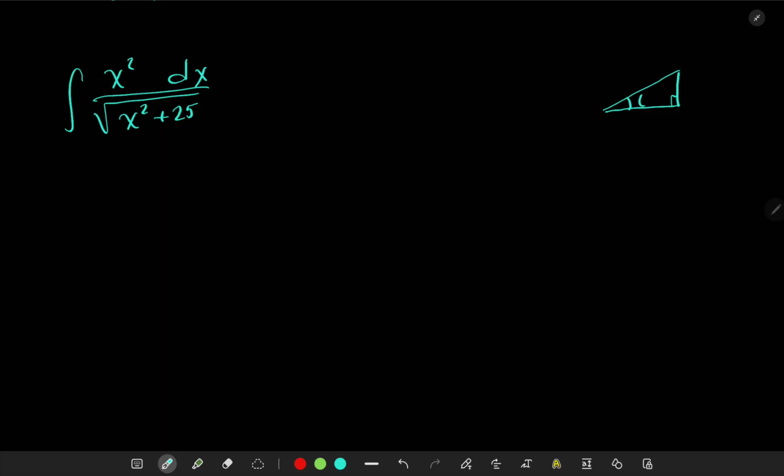Say for a second, let's say that I had a 2 instead of a 25, then I would grab this one to be x, and this would be the square root of 2, because remember that this is the square already, so you have to do a square root. Let's not do that. Let's put a 25, and let's do the square root of 25, which is much nicer. So it's a 5.